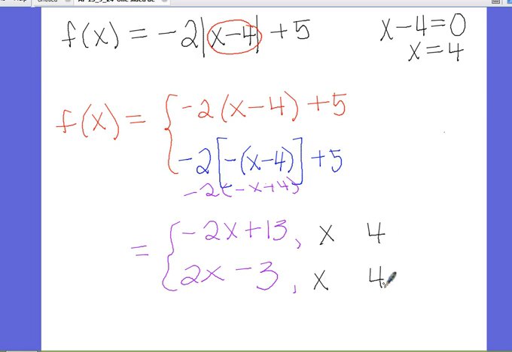If you don't want to graph it, check a value. So what do I mean by that? Use, say, 10 or 0, either side, right? So use 0 in here, and you get -2 times the absolute value of -4 and then plus 5. So the value that we get is -2 times 4 plus 5.